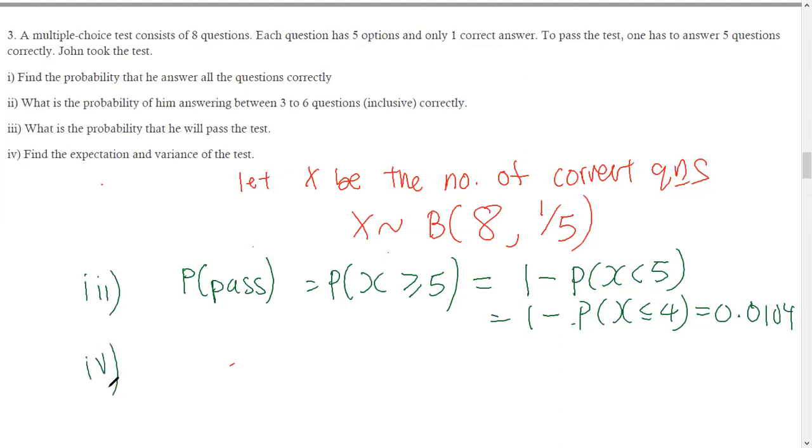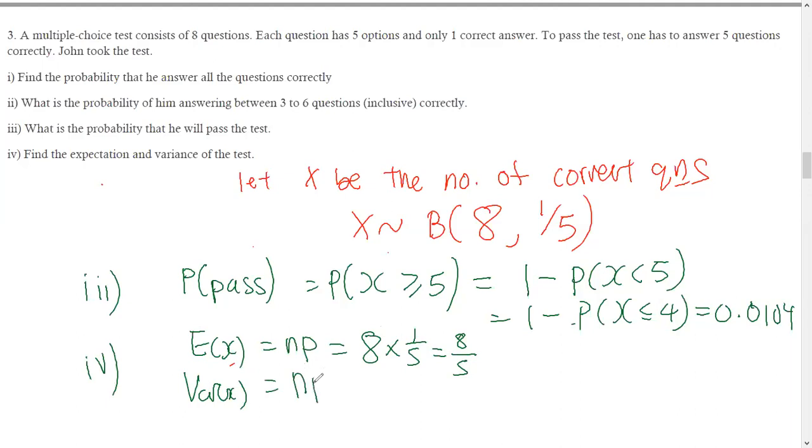The last part, part 5: find the expectation and variance of the test. Expectation, we follow the formula, np. So this will be 8 times 1 over 5, so this will be 8 over 5. Variance will be npq.